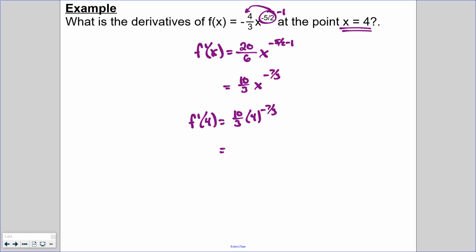So 10/3 times 4 raised to the negative 7/3 power is going to end up being 0.1312, and we'll just leave it as is. If you do get a decimal, they will give you directions on how far they want you to round it, but since I don't give you any directions here, we'll just round it to 4 decimal places.